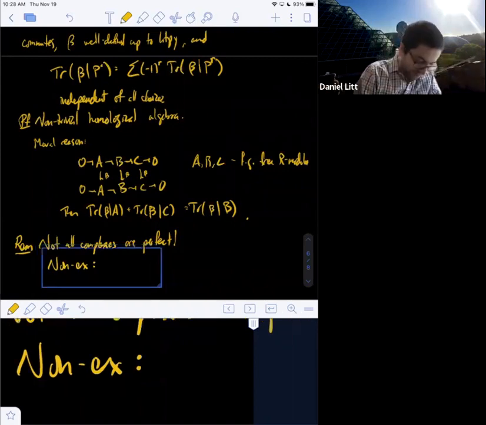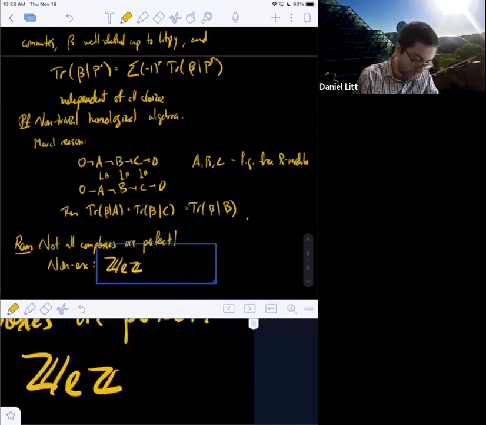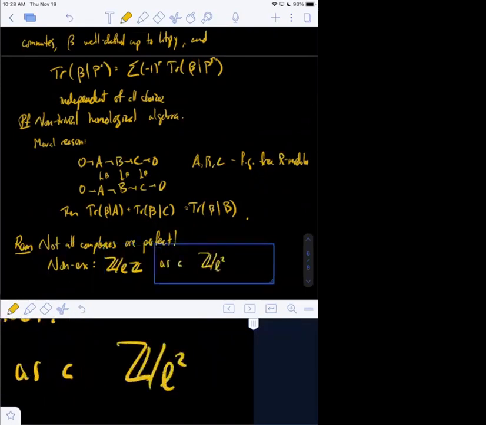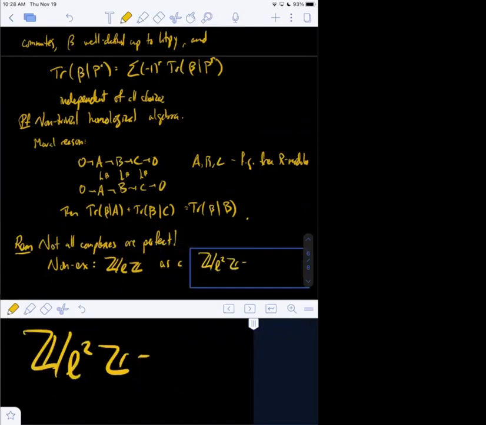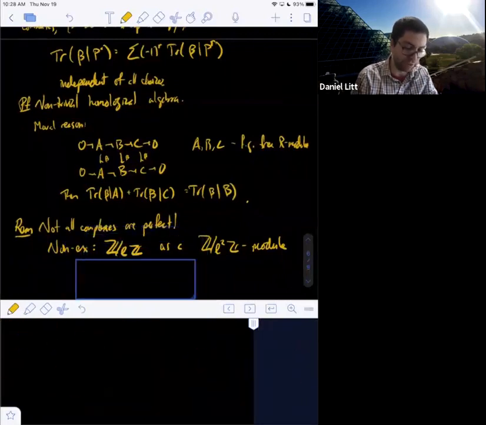Let me give you an example. Let's take Z mod LZ as a Z mod L squared Z module. Here we can view this as a complex concentrated in degree 0.